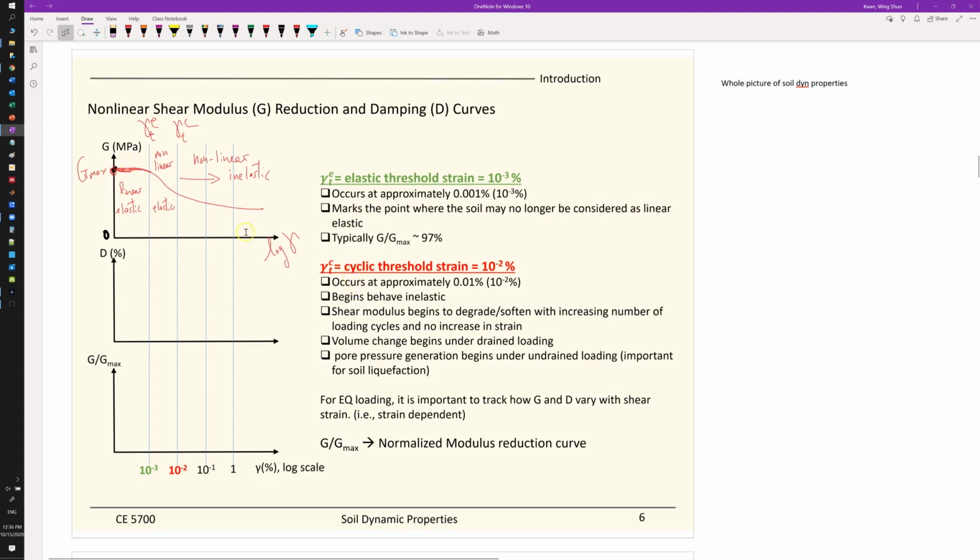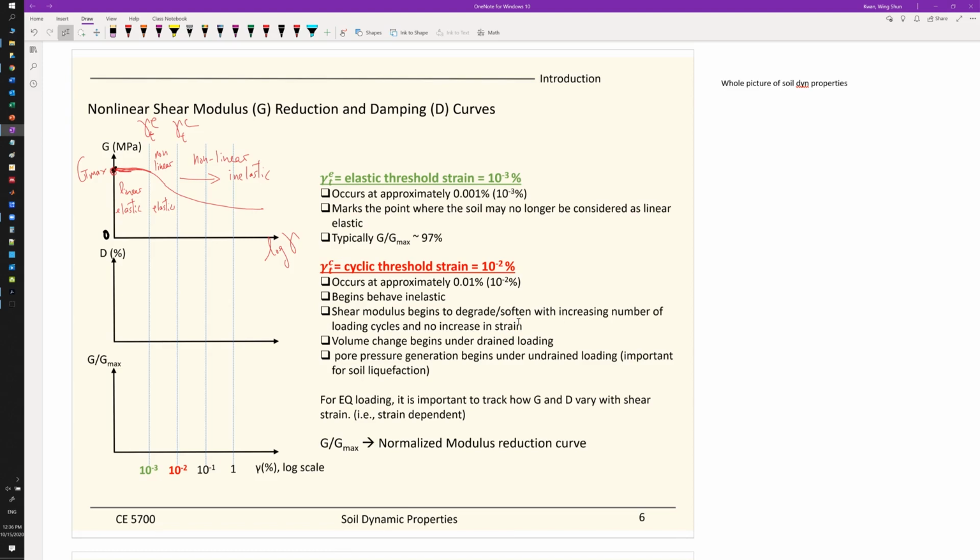And the other very important threshold happens at 0.01%, and beyond that, the soils start to behave inelastically, and you will start to have degradation and softening effects. Pretty much, you start to go toward the failure point, or you never fully recover the soil strength after the deformations induced by earthquake beyond this strain level.